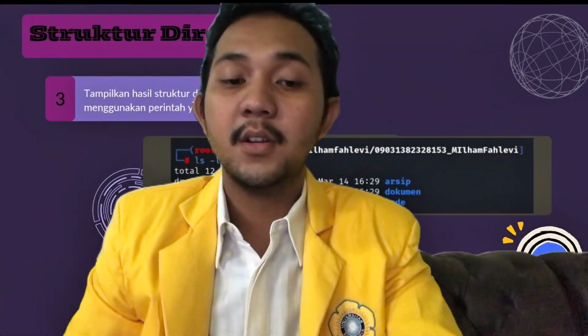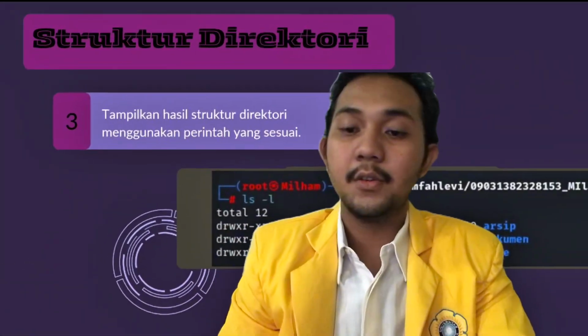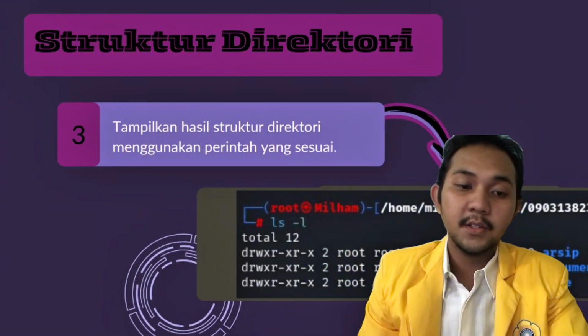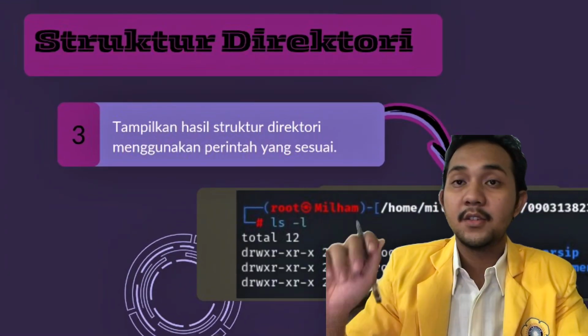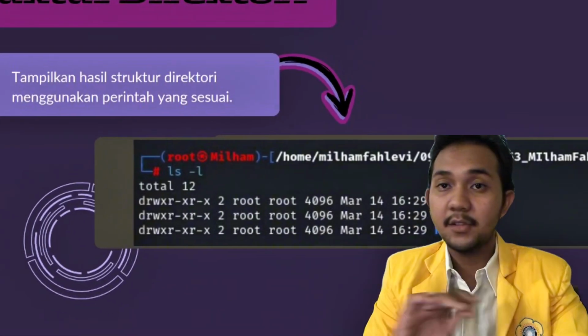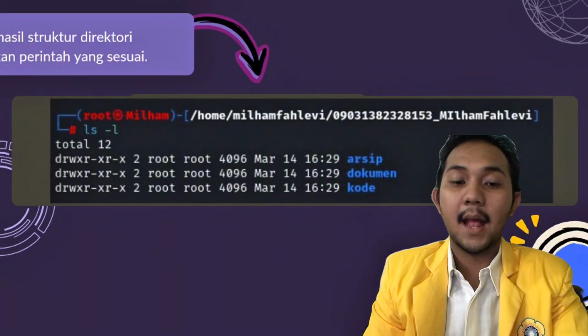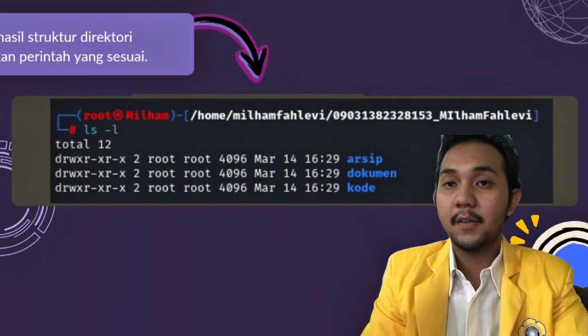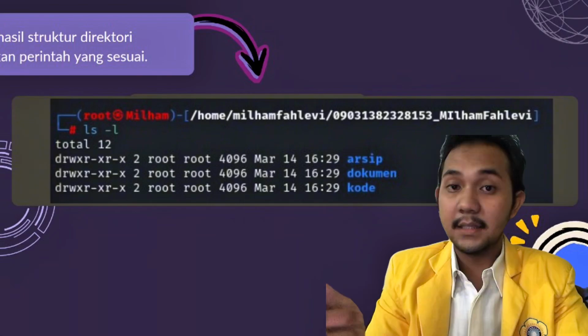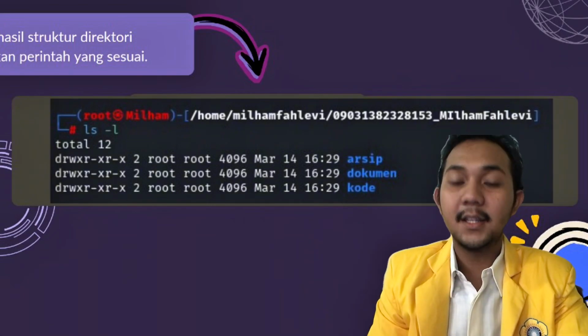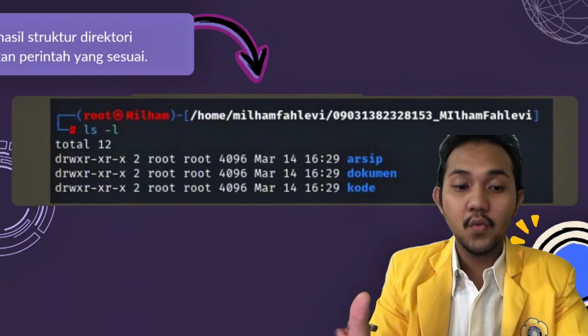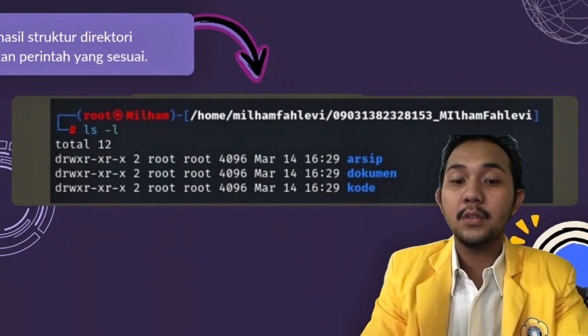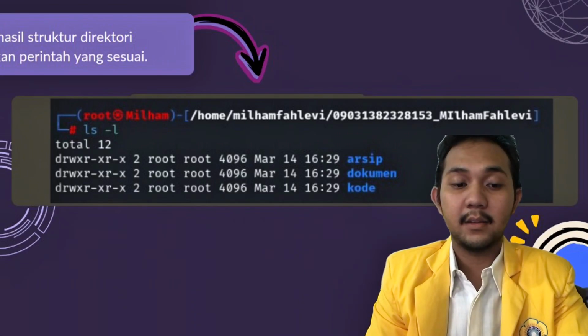Question number 3. Show the directory structure results using the appropriate command. To show the directory structure, we use the command ls -l. We write ls -l followed by the directory name. Because we're in the directory that we're going to show, we don't need to write the complete path.